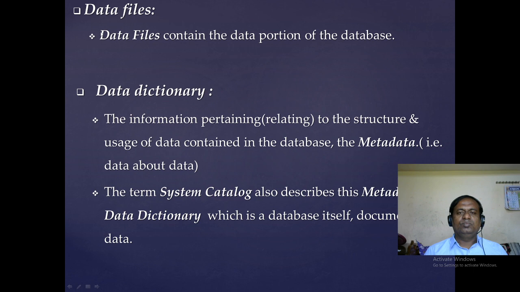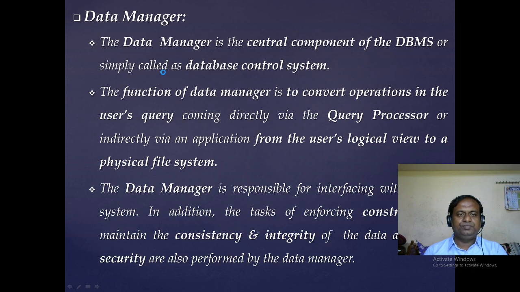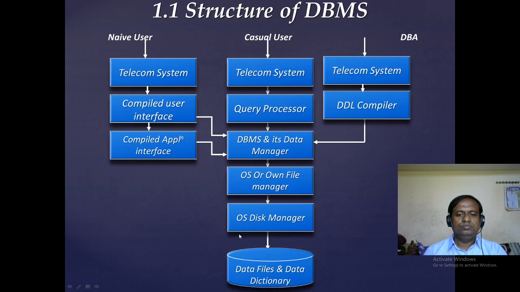Data files. In the database part, what actual data are we storing? Whatever data we are storing in the database is actually stored in a physical file called data files. Okay, so whatever data we are creating in the database should be stored physically in a file called data files, and those data files are created on the hard disk.